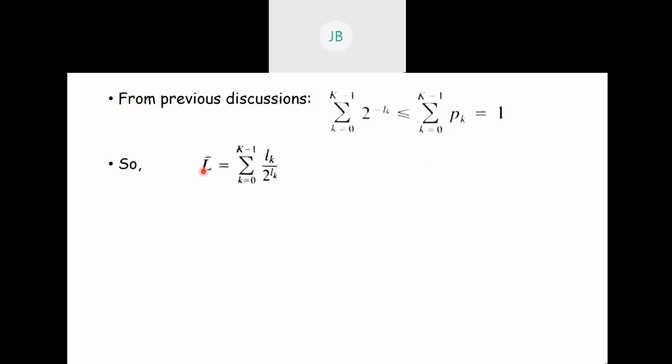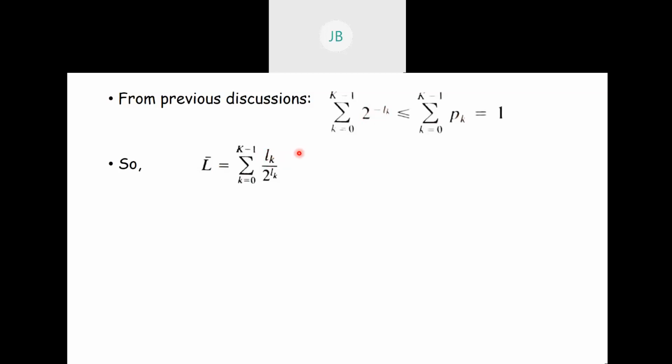The average code word length is in general lk multiplied by pk, as we have seen in Shannon encoding and previous algorithms. Here pk is nothing but 2 power minus lk.